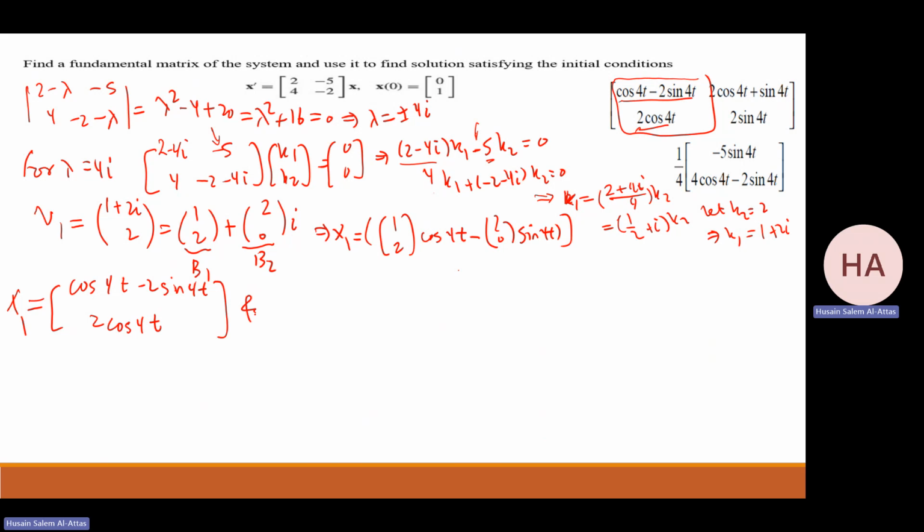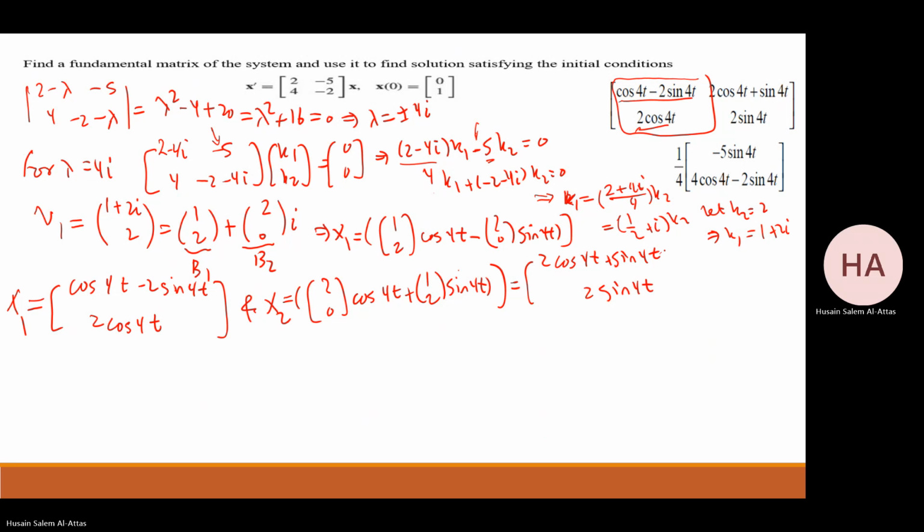And what will be x2? X2, just reverse this: (2, 0) cosine 4t plus (1, 2) sine 4t, which is 2 cosine 4t plus sine 4t, and 2 sine 4t.